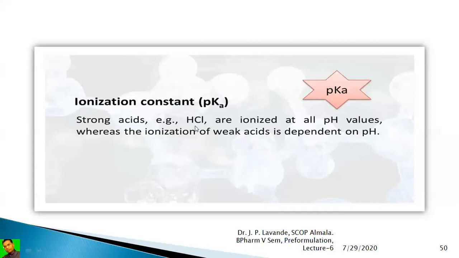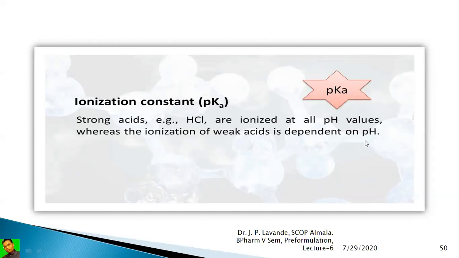So just to understand, strong acids will ionize at all pH values, whereas for weak acids, ionization will depend on the surrounding pH, the pH of the gastric region, the pH of the intestinal region. Why is this important? Because our focus is on the unionized form of the drug. So the pH of the surrounding region should be such that more and more of the API remains in the unionized form.